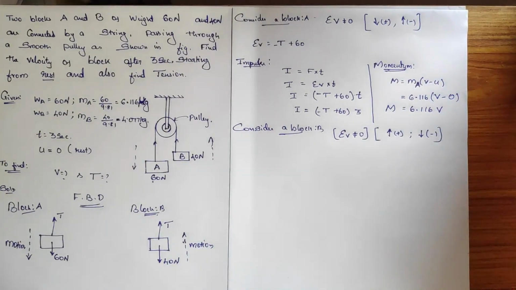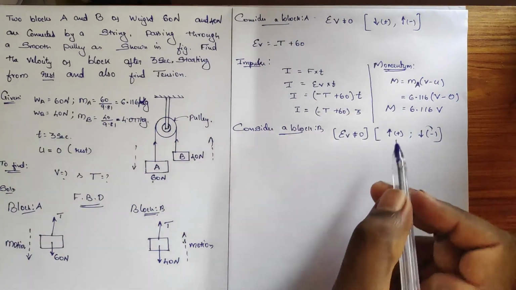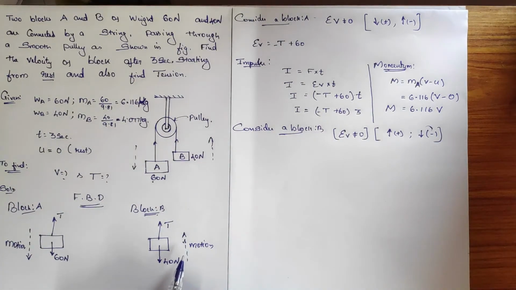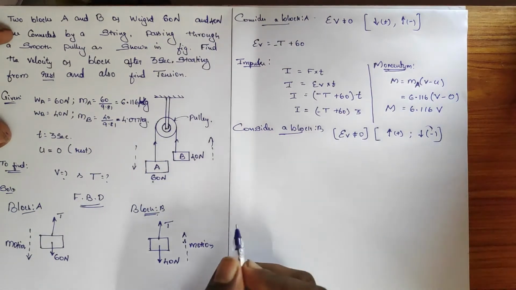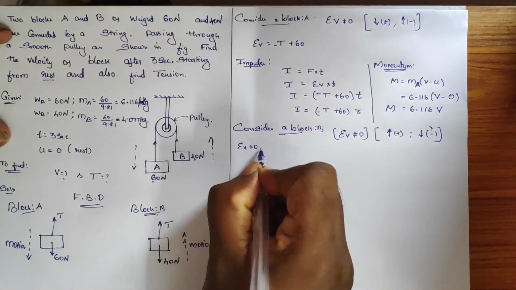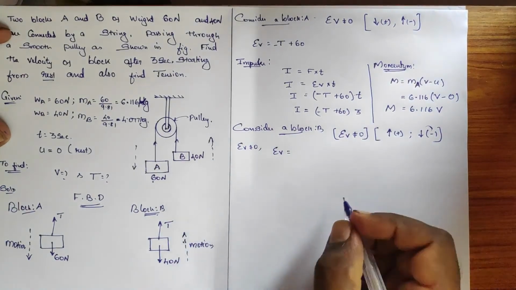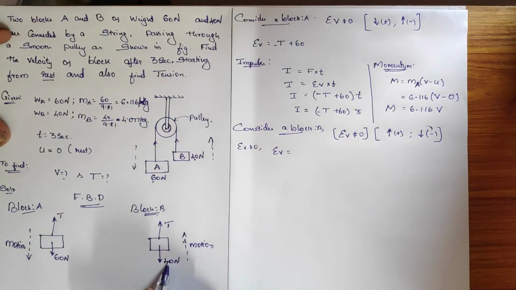I already taught you, you need to take the sign when you are taking the forces with respect to the motion. If it is moving along the motion, it must be positive. If it is moving opposite to the motion, then it will be a negative sign. So that's how we have taken here. So now the sum of vertical force is not equal to 0. I just going to apply it. The sum of vertical force will be equal to, the vertical forces are T and 40.